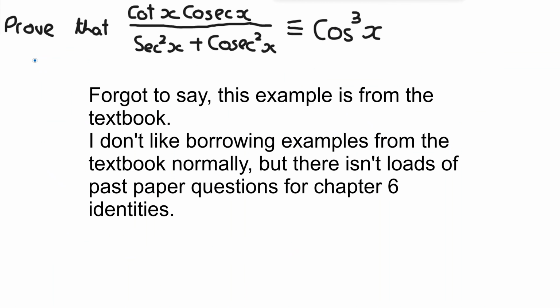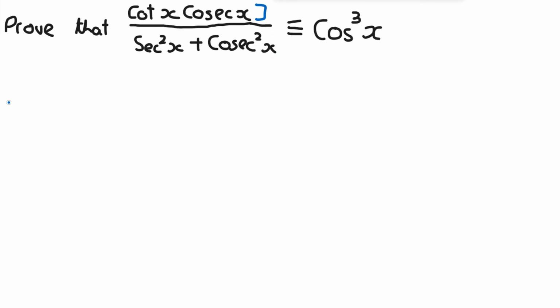So for the second identity, we need to prove that this is equivalent to this. So we're going to start with this side here. Now, as we've got quite a bulky fraction here, we're going to focus individually on the numerator and denominator first. So let's start by focusing on the numerator up here, which is equal to cot x times cosec x, like this.